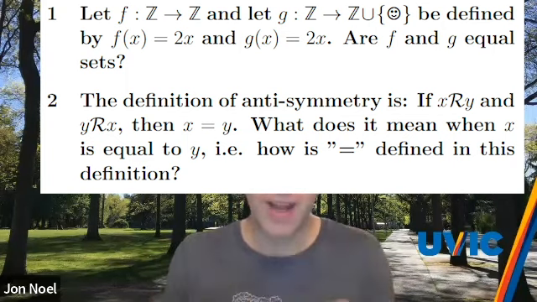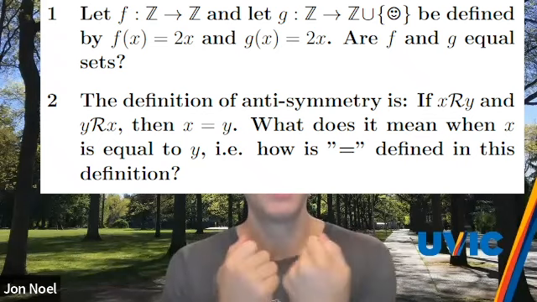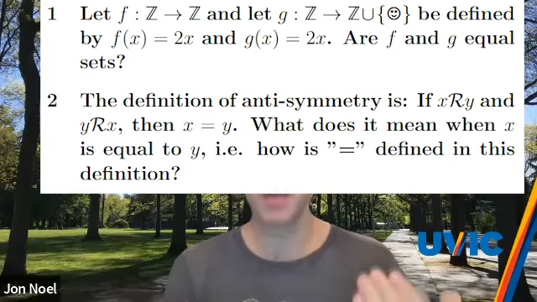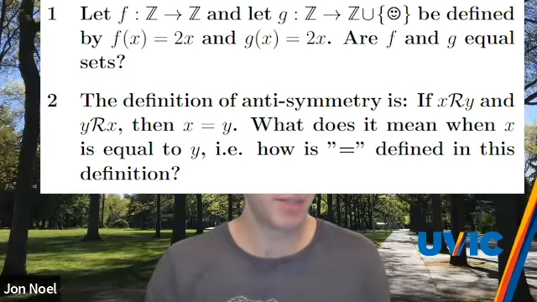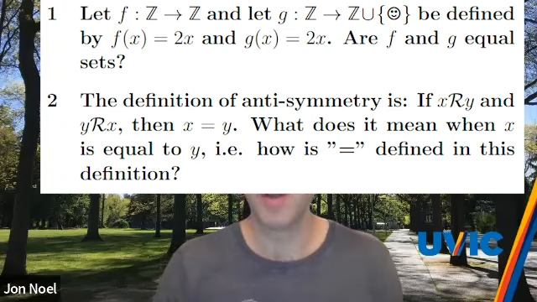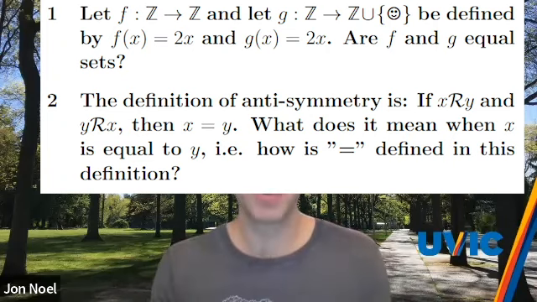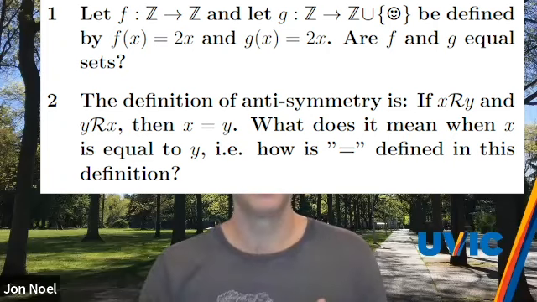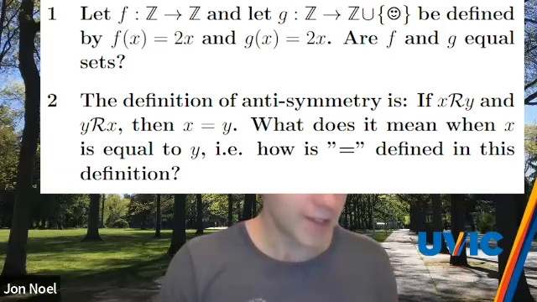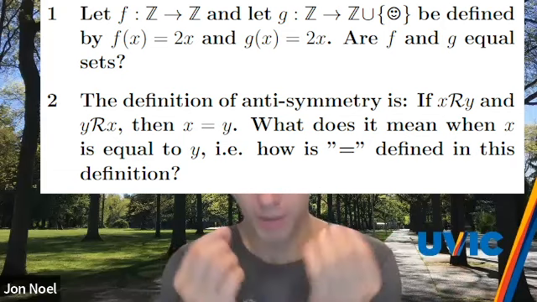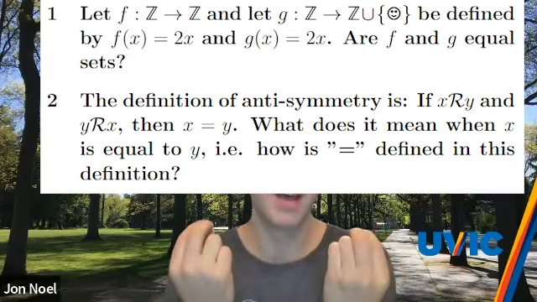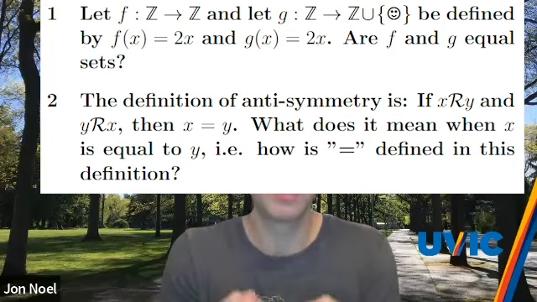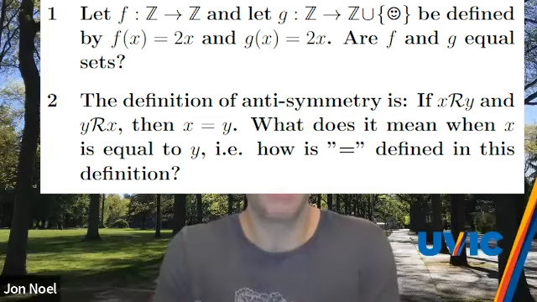And so when we say that x is equal to y, the meaning of that statement depends on the context. If x and y are numbers, it just means that they are the same number. So for example, 1/2 equals 2/4, right? If x and y were sets, then what it means for x to equal y is that they have the same elements. So we would use the equality definition for sets.